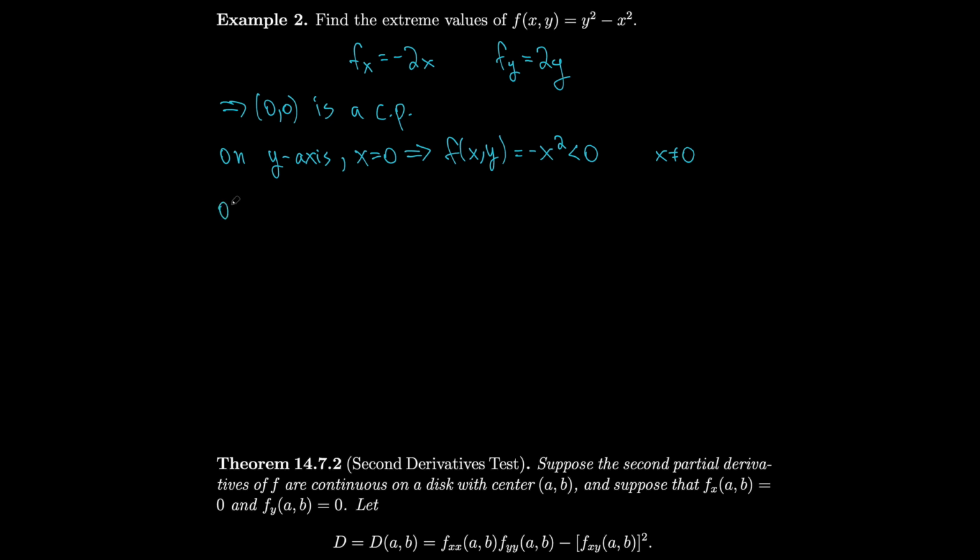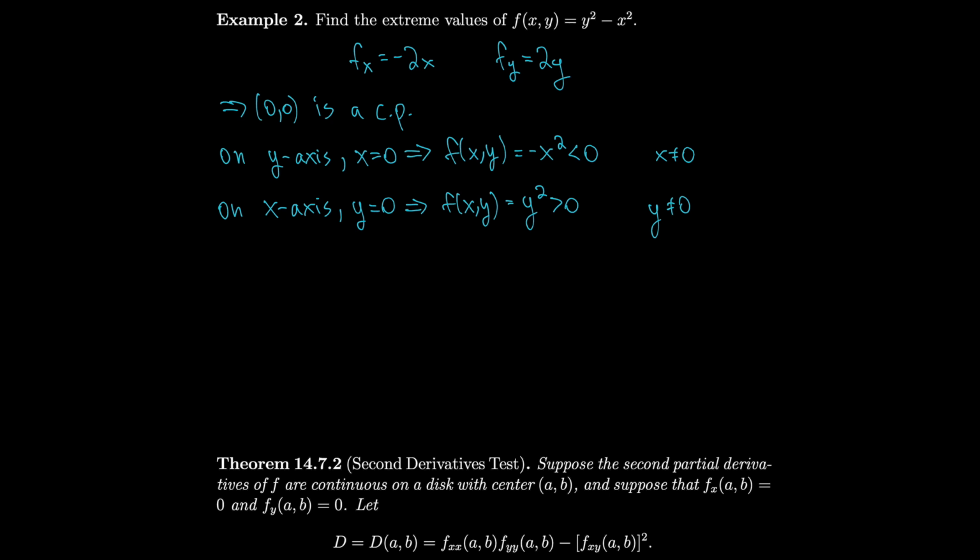If we, however, look on the x-axis, then we have y equal to 0. So f of (x, y) is going to be y squared, which is positive, provided that y is not 0.